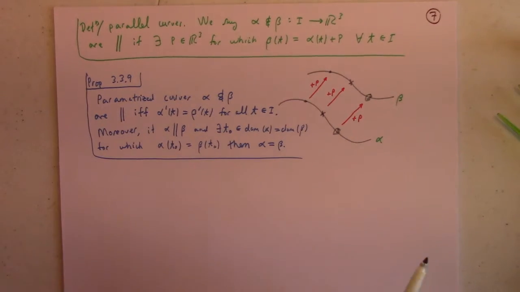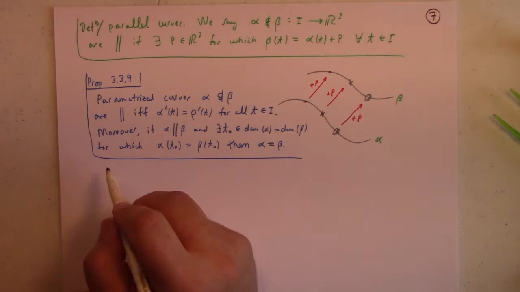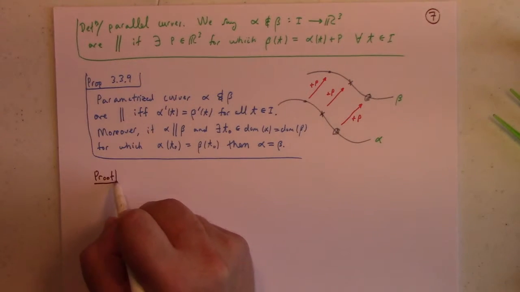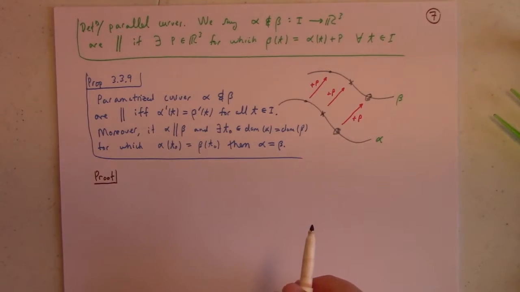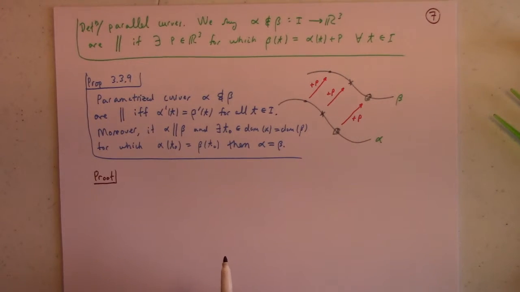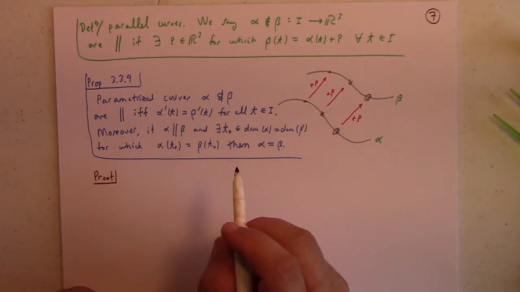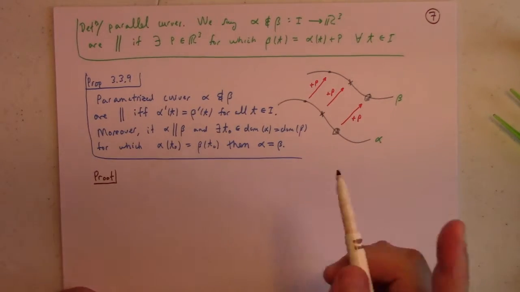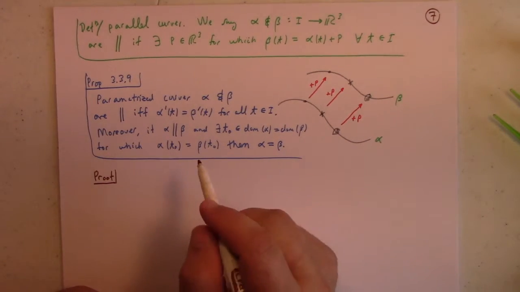All right. So let's look at the proof. It's very close to that theorem we proved before about a vector field being constant along a curve. If the velocity is 0, it's just a point. If the acceleration is 0, it's a line. Remember.